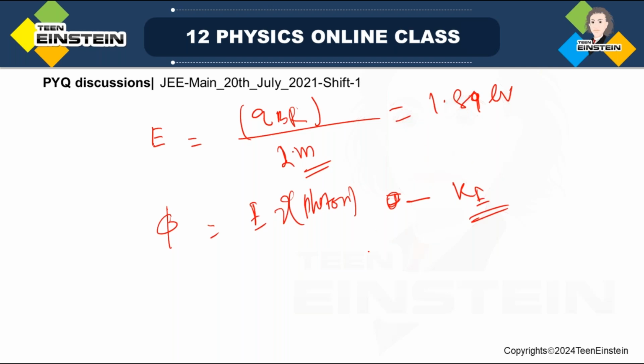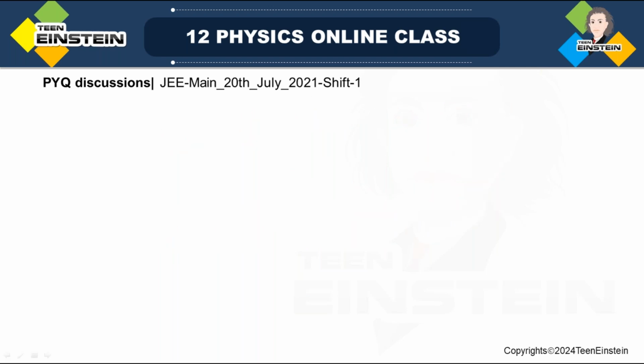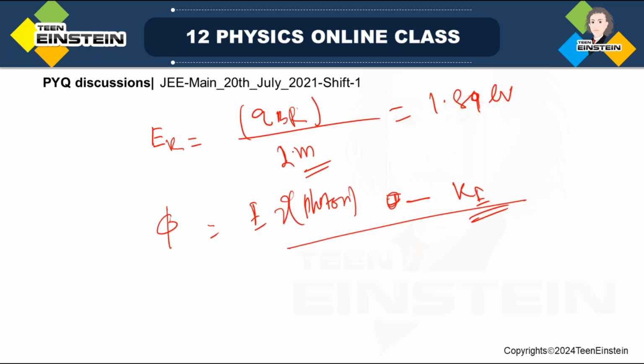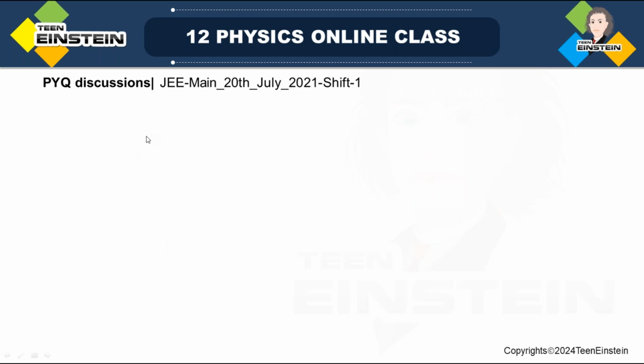Kinetic energy of the electron that we have already found out. This is Ek. Then from this formula, when we take the difference, the E of the incident radiation and the maximum kinetic energy of the electron.